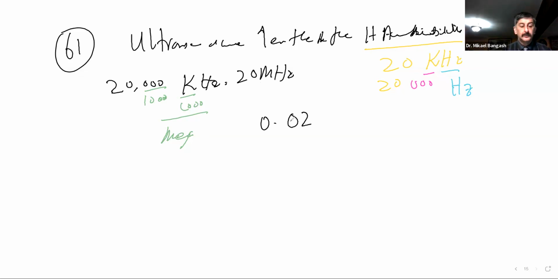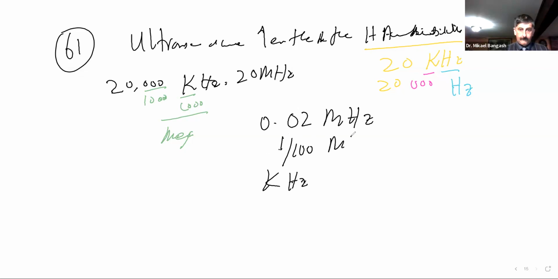Now we go to 0.2 megahertz. As there's 0.2 here, it becomes a fraction of a megahertz, 1/100th of a megahertz, which is going to be a kilohertz. Did that make sense?